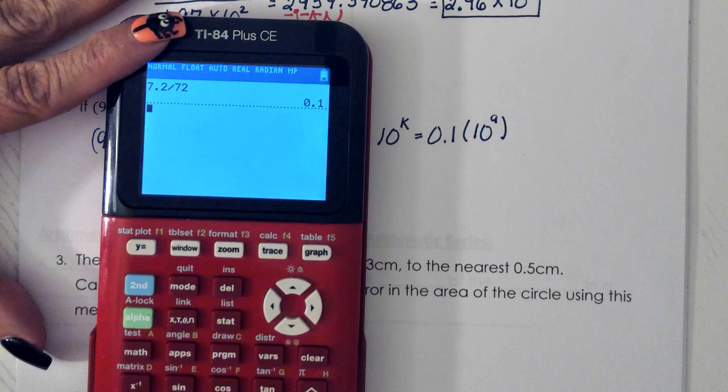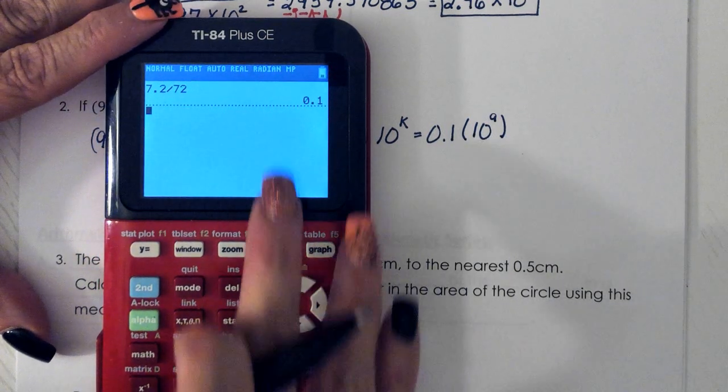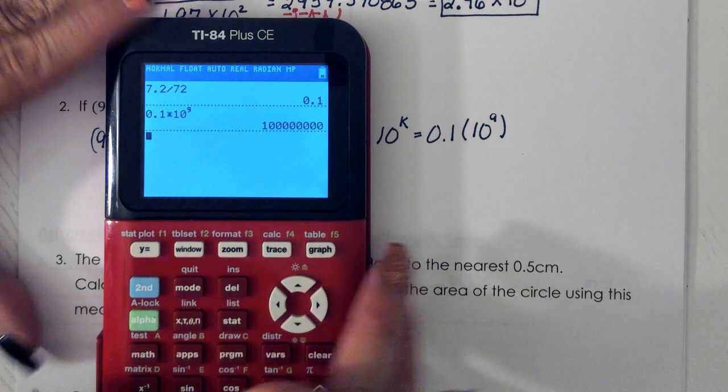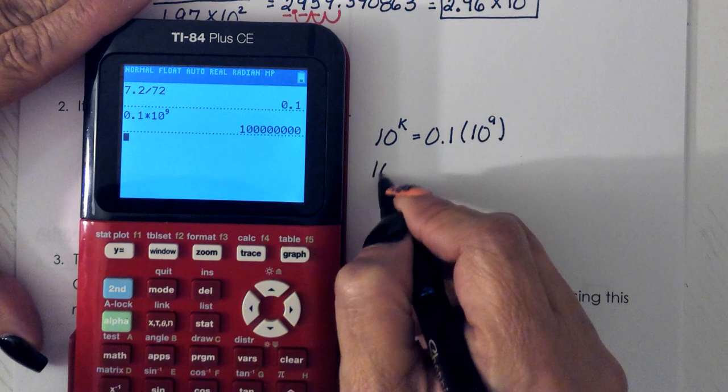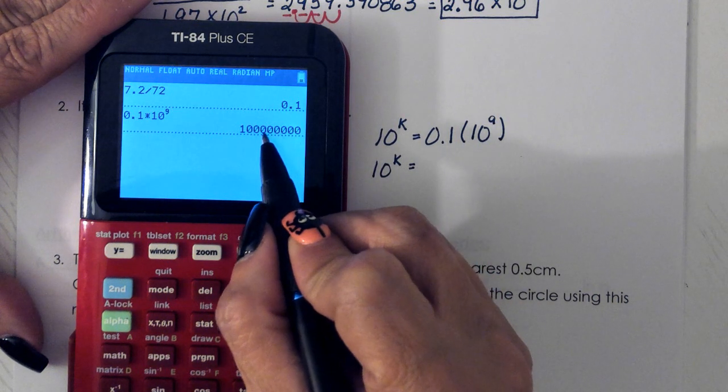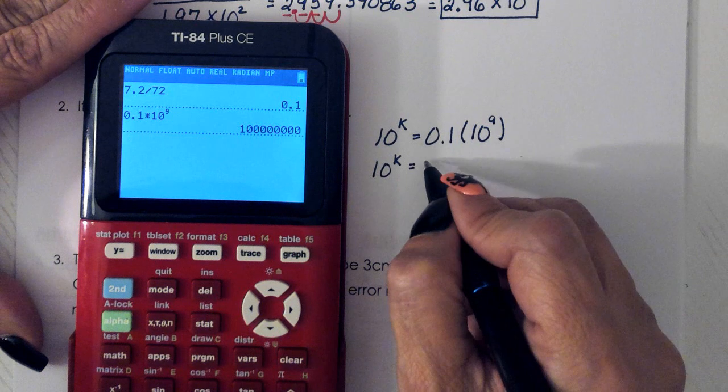So for ease, to help you understand this, I'm going to do 0.1 times 10 to the 9th power. Let's see what that comes out to be. So that gives me 10 to the K, 1, 2, 3, 4, 5, 6, 7, 8.